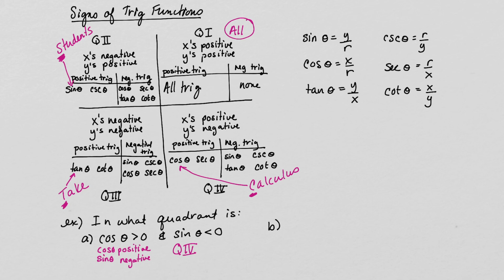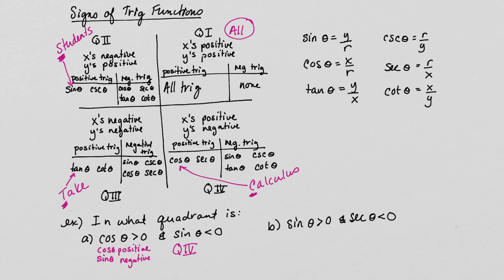So we'll do one more here. What about the sine of theta being greater than 0 and the secant of theta being less than 0? So we're saying the sine is positive and the secant is negative.